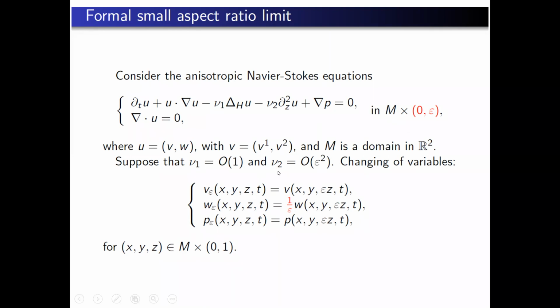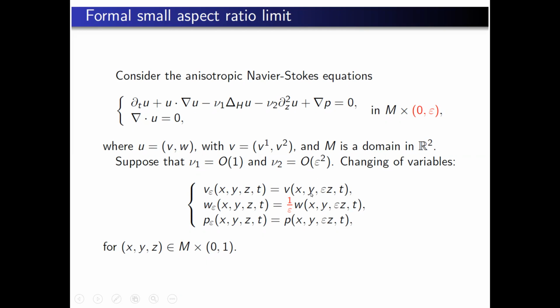But it's reasonable to assume that the vertical viscosity is small relative to the horizontal viscosity. And now we rescale. We rescale the velocity in z by epsilon z, and the vertical velocity by 1 over epsilon, and the pressure like that.